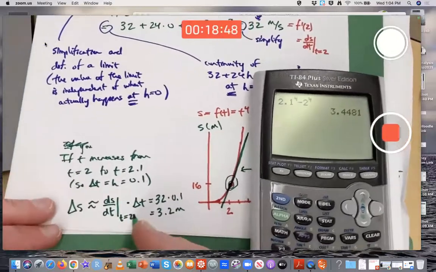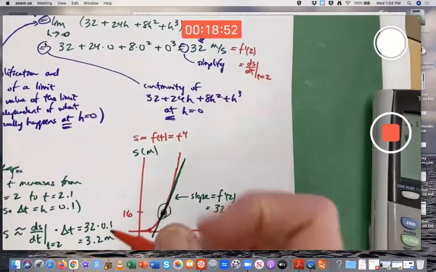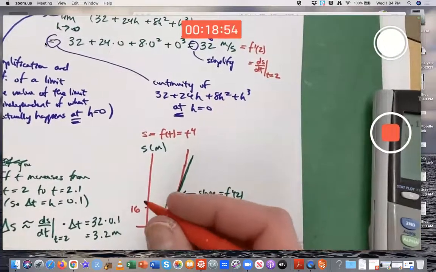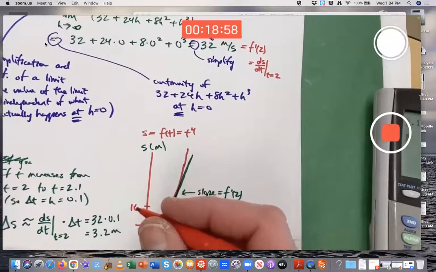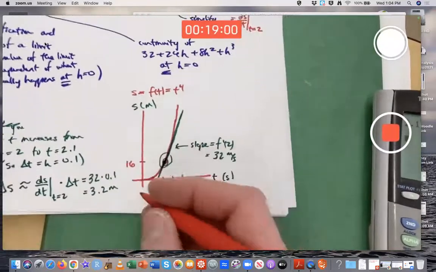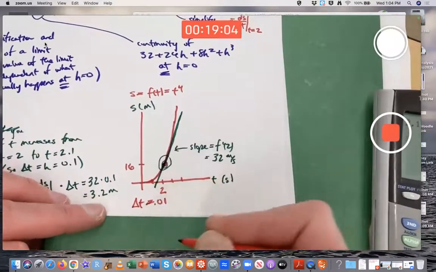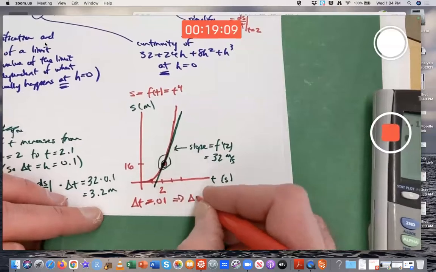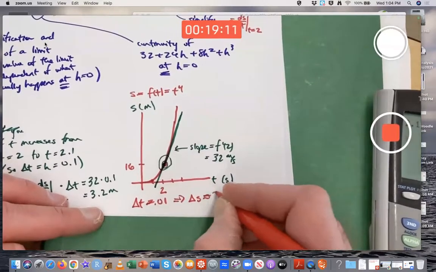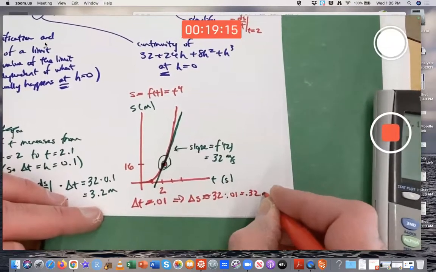If I use delta t to be 0.01, by the way, the stuff I'm talking about right now is the heart of a lot of calculus. Right now, this is it. If delta t is 0.01 seconds, then delta s, the change in position, would be approximately 32 times 0.01 or 0.32 meters.